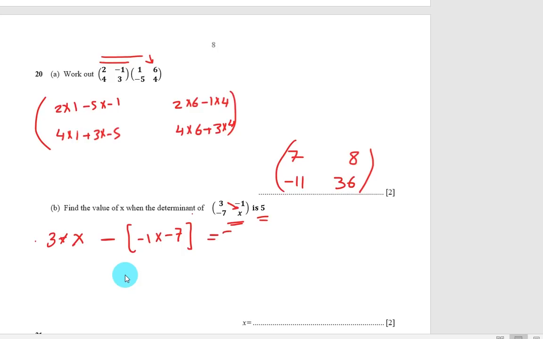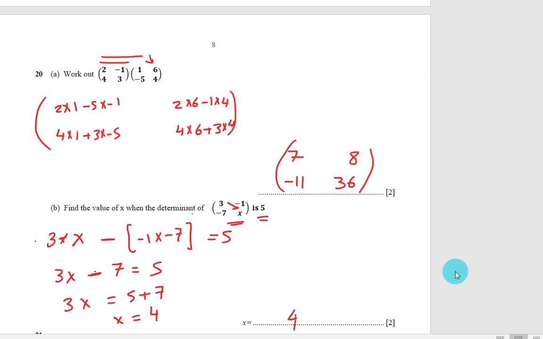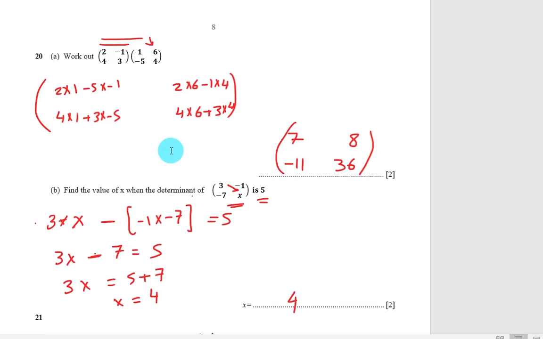This determinant is equal to 5, so 3x minus 7 equals 5. 3x is equal to 5 plus 7, so x will equal 5 plus 7 divided by 3. So the answer will equal 4. So x equals 4. Okay?